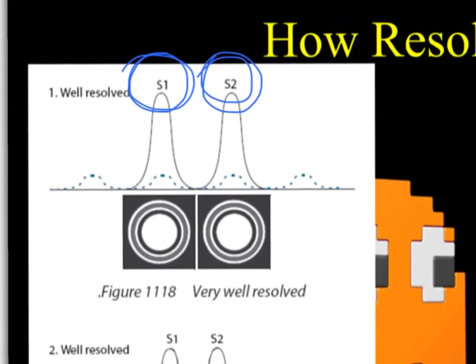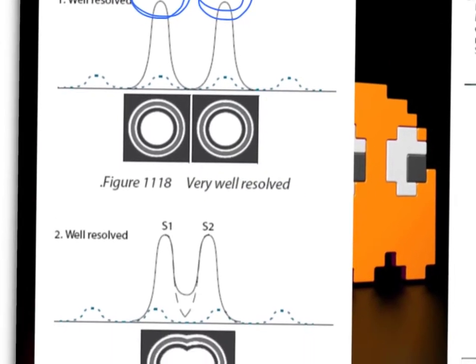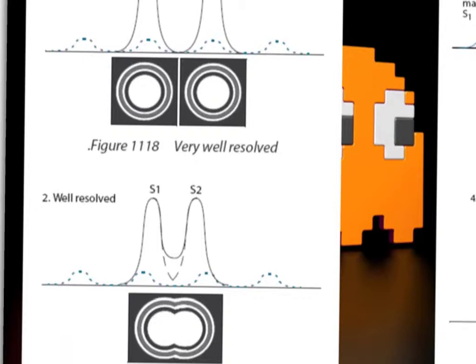But what happens is as you back away, as you get further away, the apparent distance between them decreases because you're further away, and so they seem like they're closer.